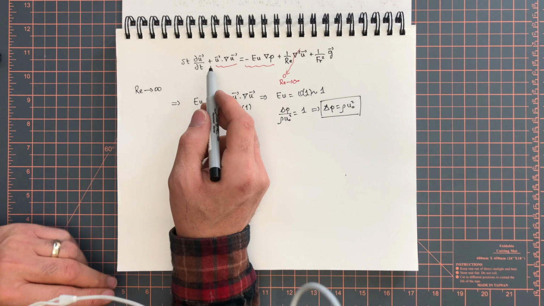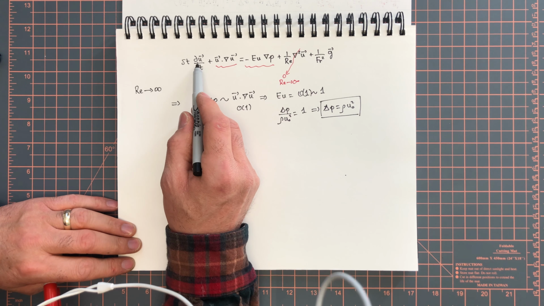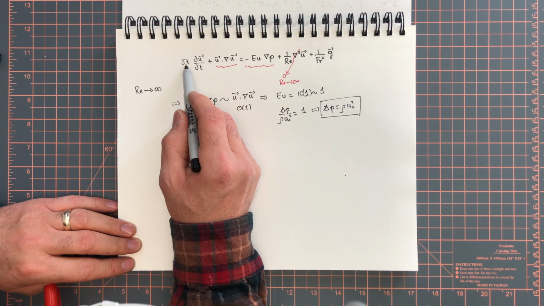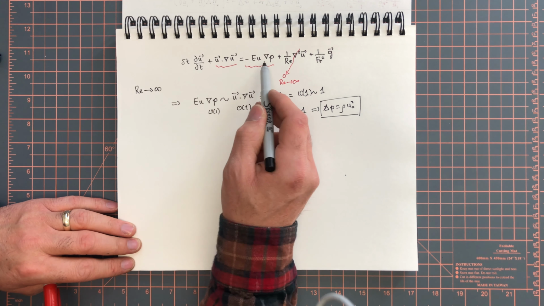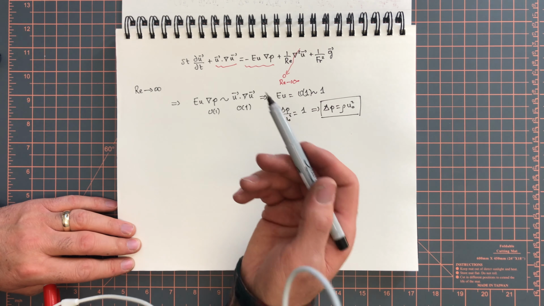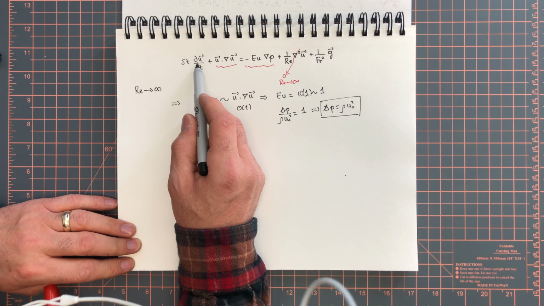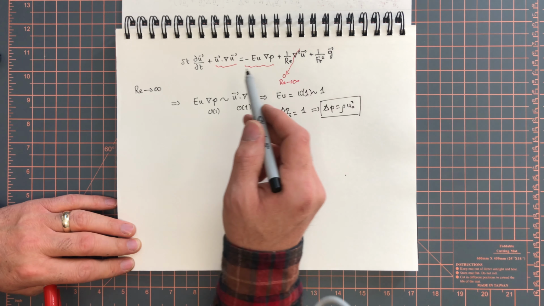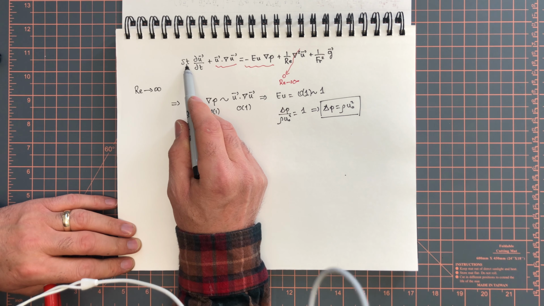And you can make the same argument for the du by dt term. You could say, well, there's a missing scale over here, so I'm going to compare this term to another term where there is a known scale. So you could, for example, compare this one to that one, and then you get a time scale related to the Froude number. Or I would say just take the Strouhal number.